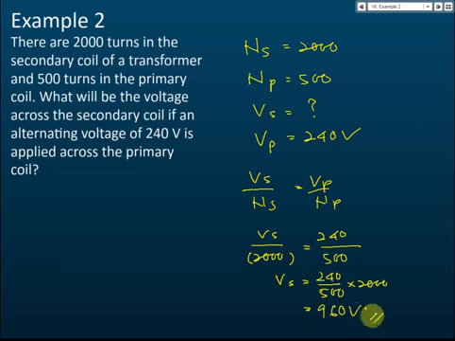Yes, the answer is 960. I think you should have no problem with the calculations. List down all the information that we have and then plug it into the equation.